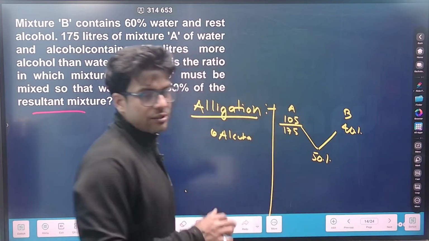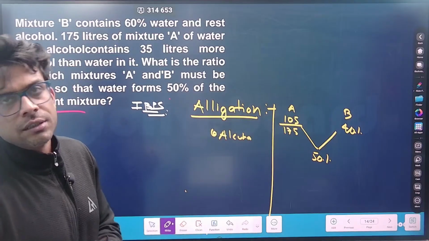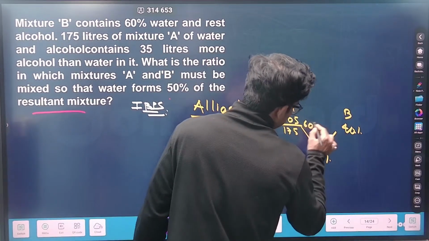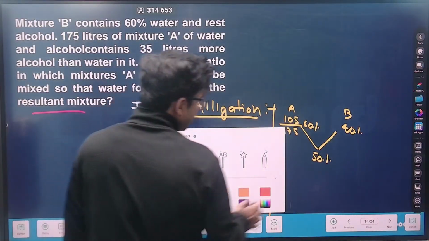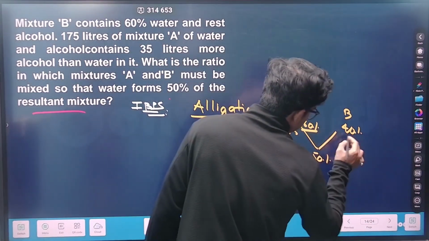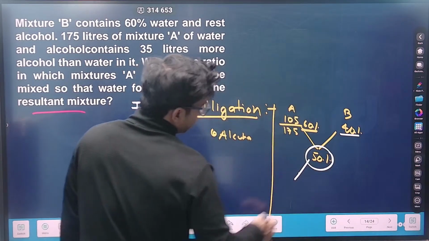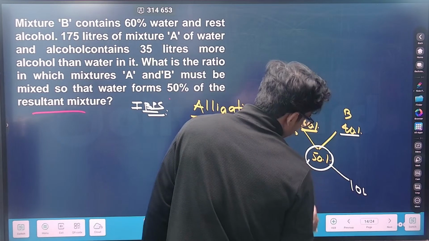If I apply alligation to it, 105 by 175 is nothing but 60%. See, this is the easiest way of solving it. First it was 60%, then it is 40%, resulting in 50%. Here you get 10, and here also 10. The ratio in which they are mixed would be 1:1.